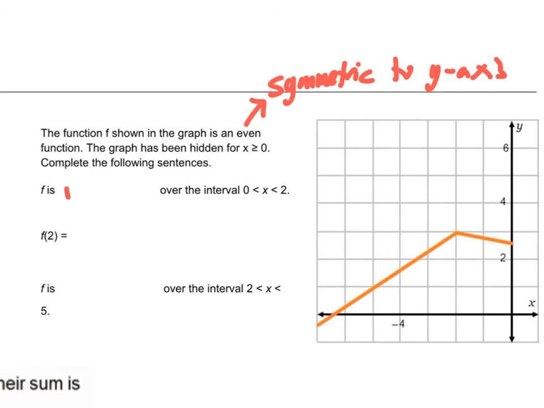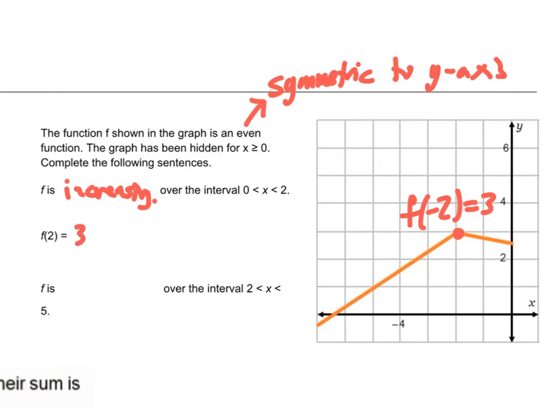So f is increasing over that interval. And then I know f of negative 2, this point here, is equal to 3. If we are symmetric to the y-axis, if we have an even function, then I know that f of 2 would also be equal to 3.